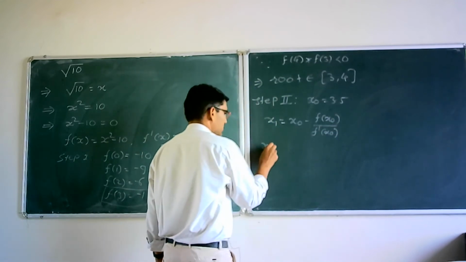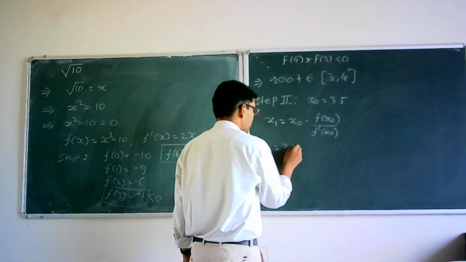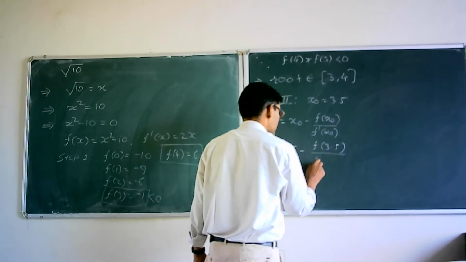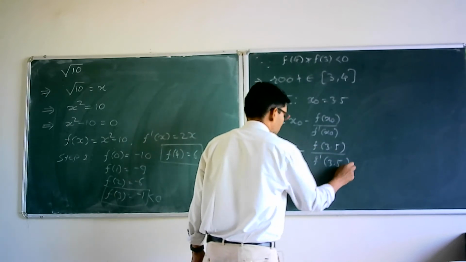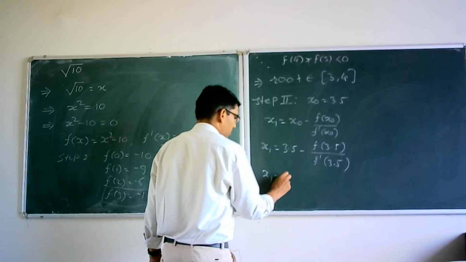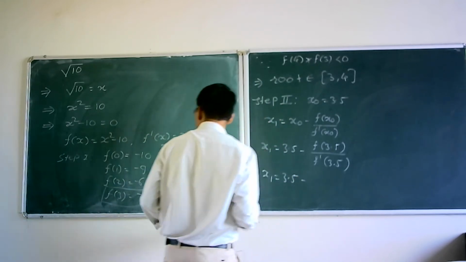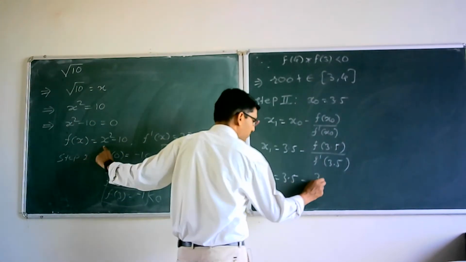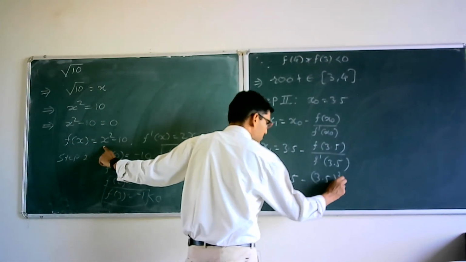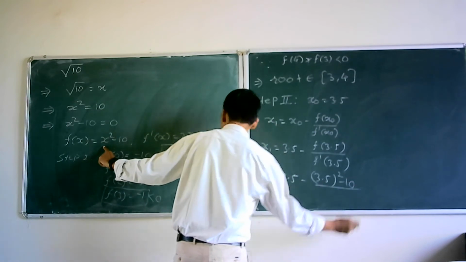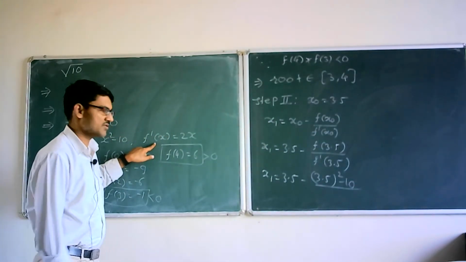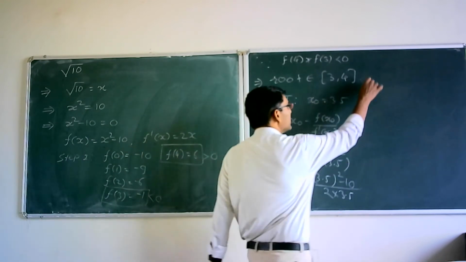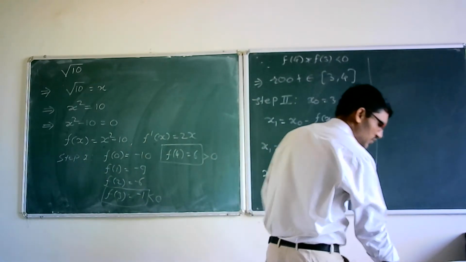Here x0 is 3.5, so x1 is equal to 3.5 minus f of 3.5 divided by f dash of 3.5. We know f of x is x square minus 10, so it is 3.5 square minus 10 divided by f dash x, which is twice x, so 2 times 3.5.